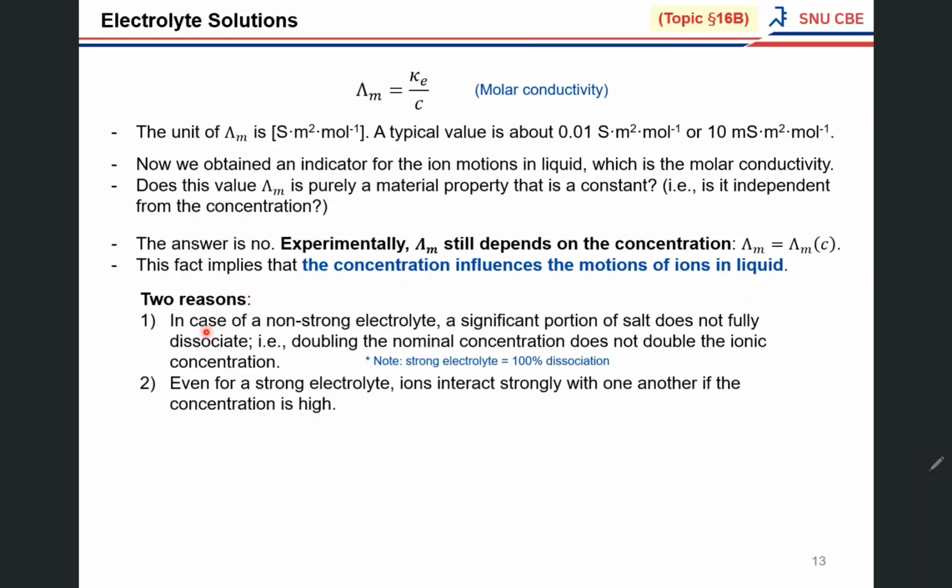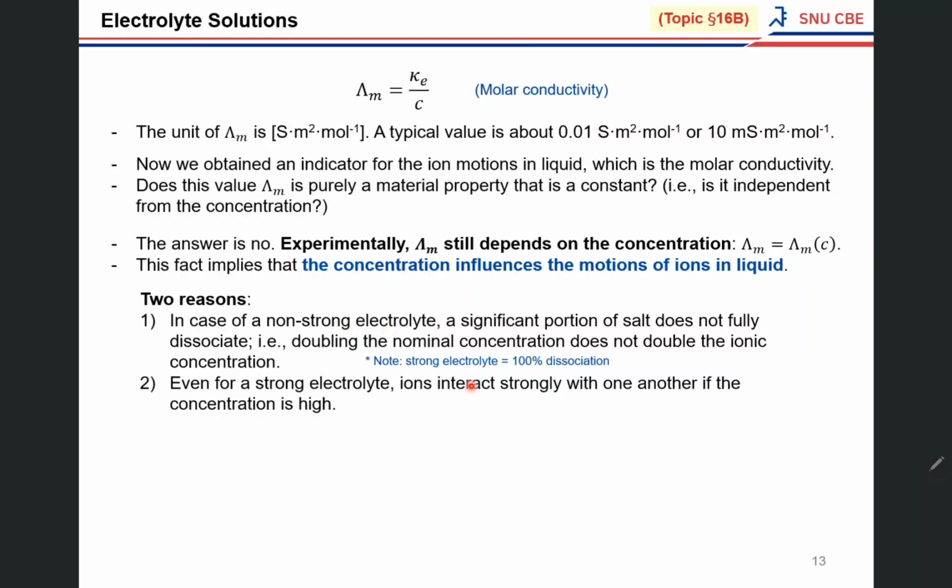In the case of non-strong electrolytes: the concept of a strong electrolyte means that if you mix a salt in water or the liquid phase and that salt dissolves 100%, then we call it a strong electrolyte. If you have a non-strong electrolyte, then not 100% of the electrolyte is dissolved into ion species.